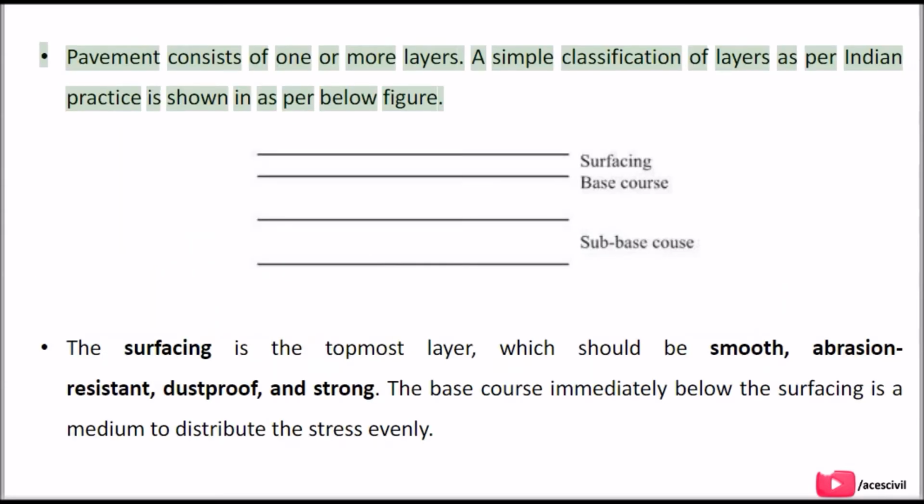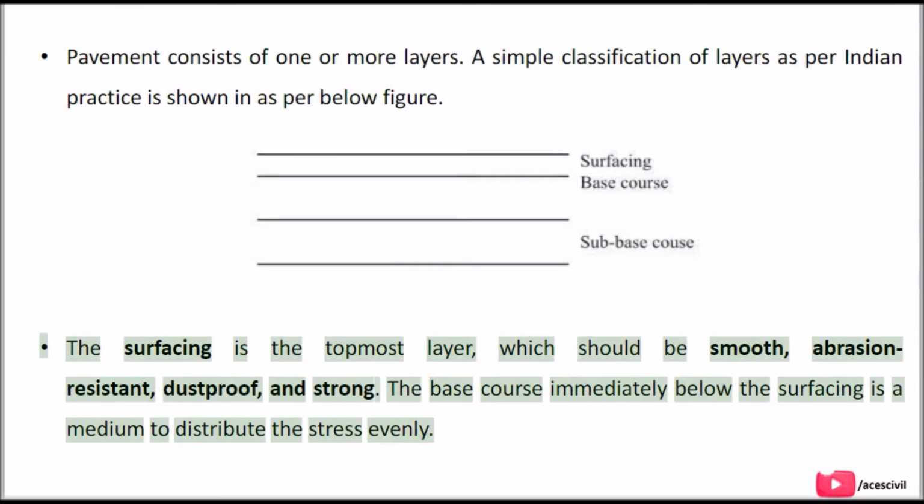Pavement consists of one or more layers. A simple classification of layers as per Indian practice is shown in the figure below. The surfacing is the topmost layer, which should be smooth, abrasion resistant, dust proof, and strong.